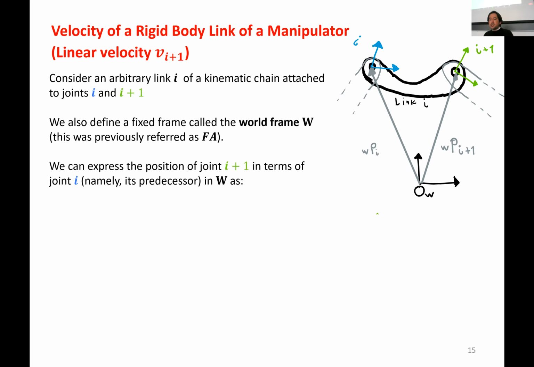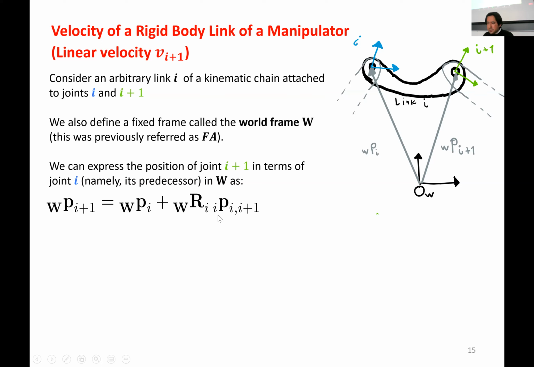And we can express the position of joint I+1 in terms of joint I, namely its predecessor, as I mentioned, going from the first to the last one in the world frame according to this expression. Let's talk about this expression term by term. This is what we want: the vector that expresses the position of frame I+1.